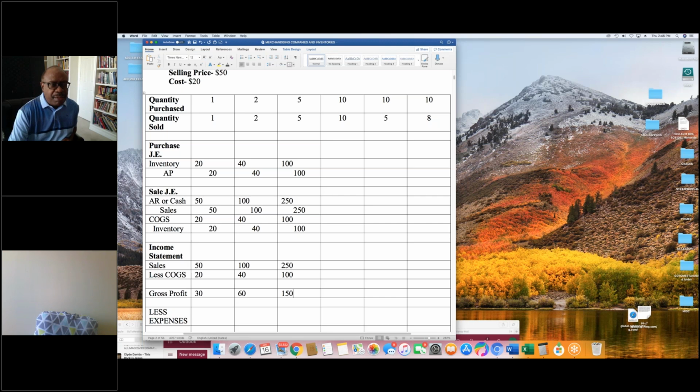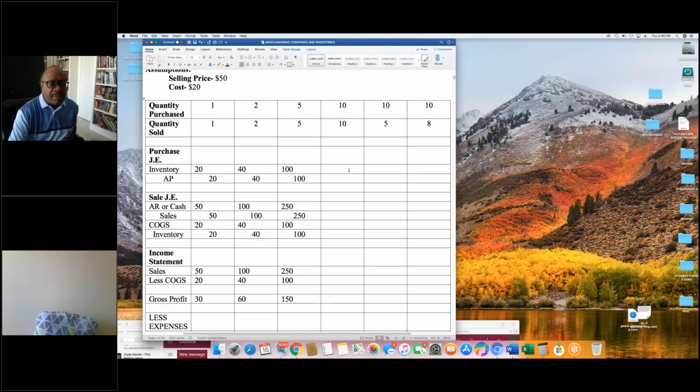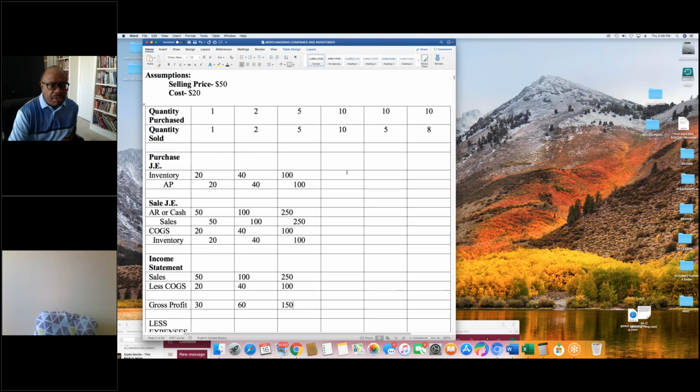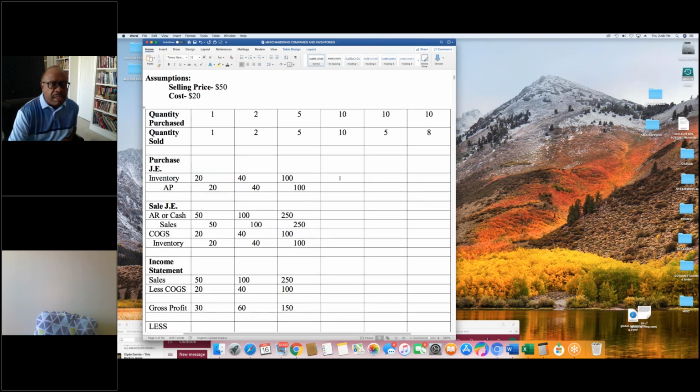Let's sell 10 pairs of shoes. So when we sell 10 pairs of shoes, we've got to buy 10 pairs of shoes. And so now we're going to debit inventory for 200, credit accounts payable for 200.